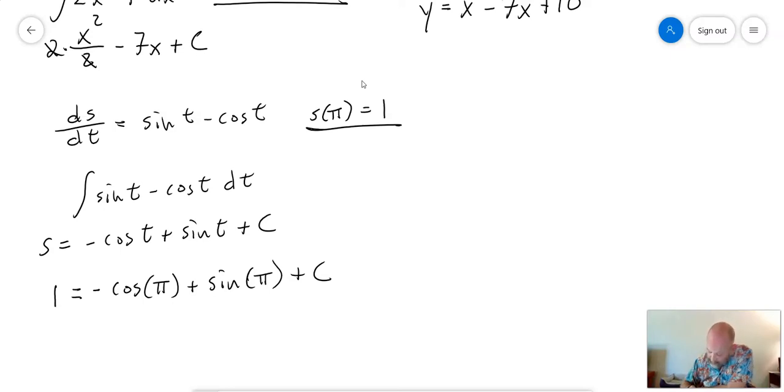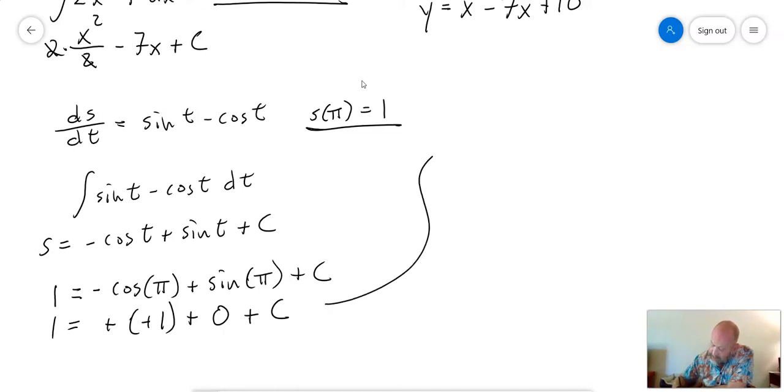You can just picture the cosine. So this is the negative of negative 1 plus, now sine of pi is 0. And so that ends up being 1 plus 0 plus c is equal to 1. Just cleaning this up a little bit, I end up with 1 is equal to 1 plus c, and the only way that can be true is if c is equal to 0, right?